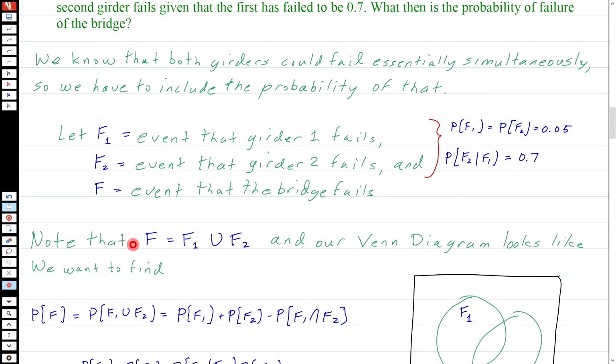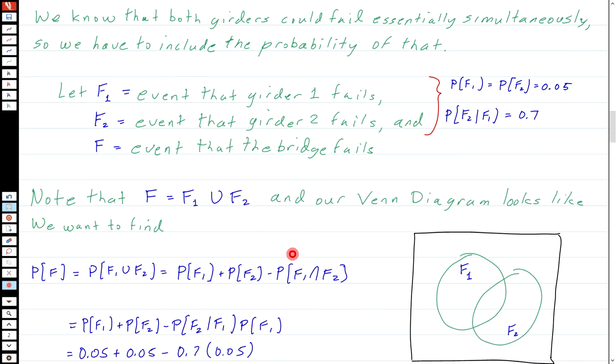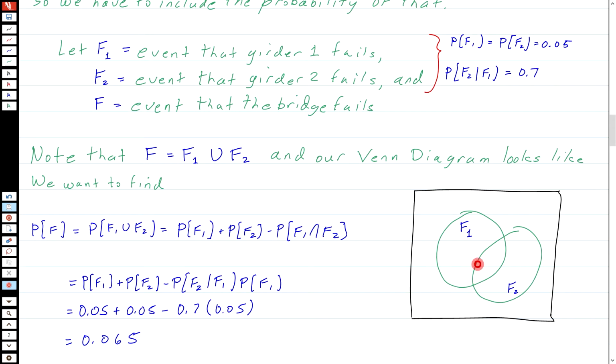So the event F is the event that girder 1 or girder 2 fails. So this is the union of F1 and F2. And so our Venn diagram looks like the following. We've got F1, F2, we could have them both fail. So we've got an intersection between them. So we know that probability of F is the probability of the union of F1 and F2, and our rule for unions is probability of F1 plus probability of F2 minus their intersection.